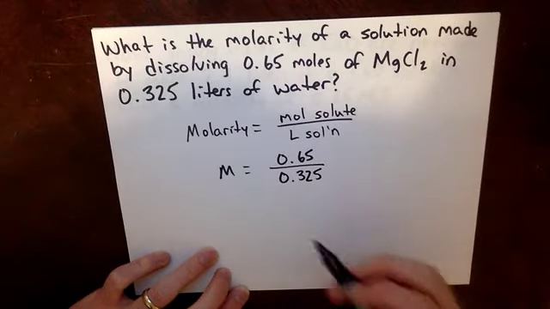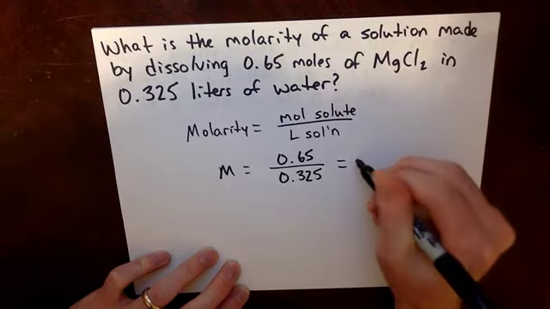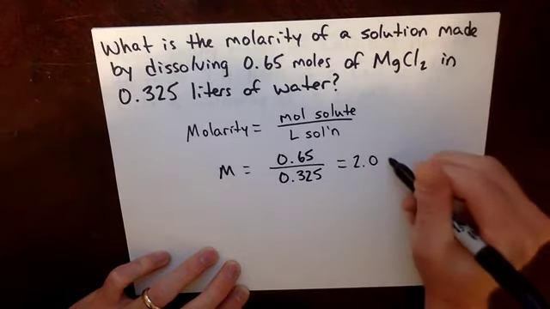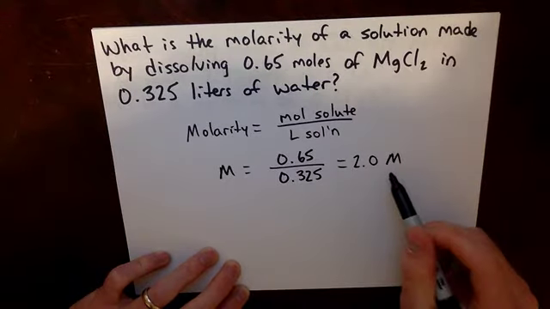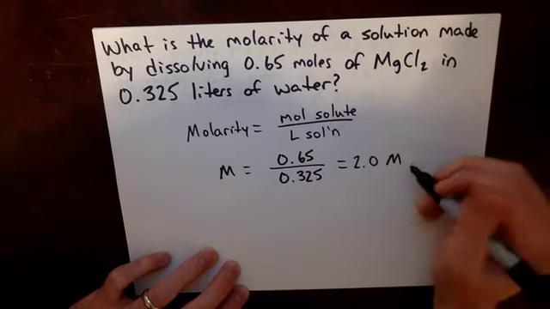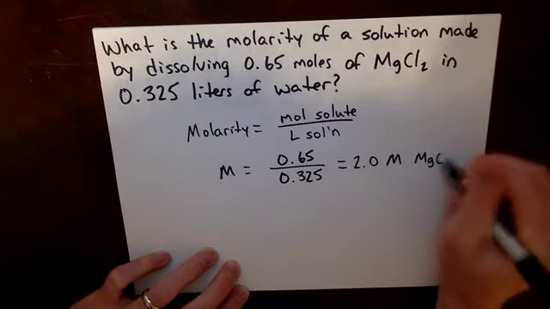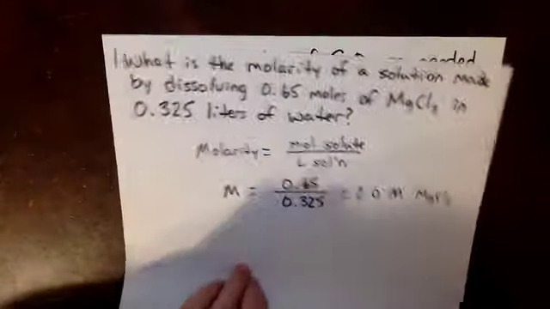If you plug this into a calculator, it'll be 2.0 molar, which is abbreviated with a capital M. That just means the molarity. And then you just put the substance that was dissolved, MgCl2.